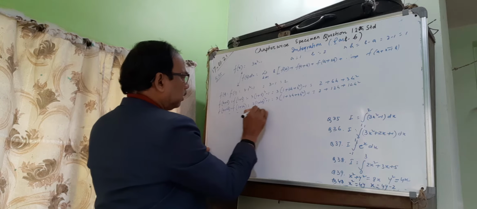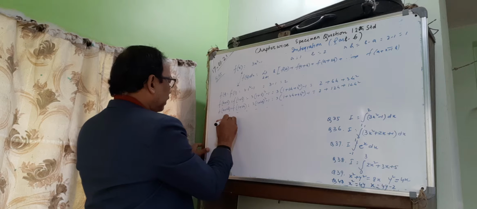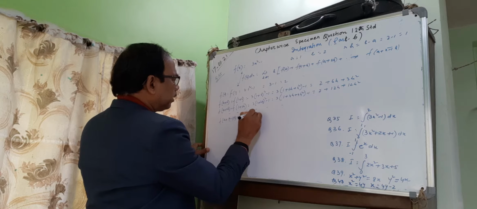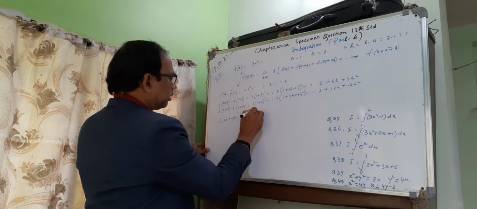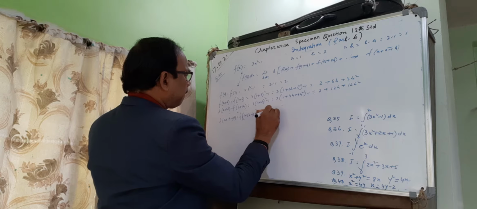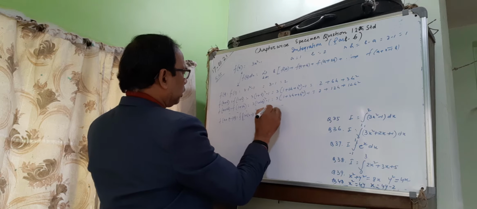Now like this, f(a plus (n minus 1)h), that is f(1 plus (n minus 1)h).